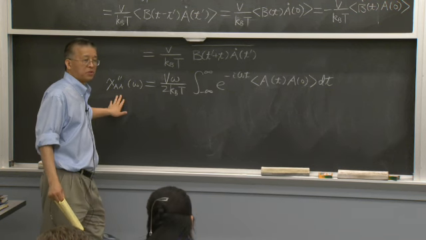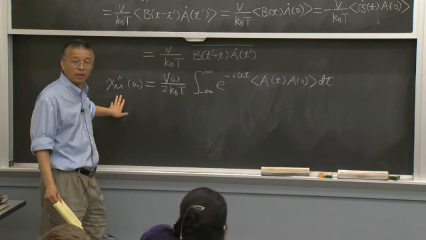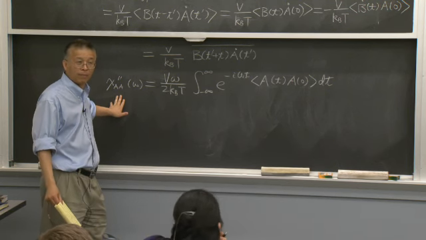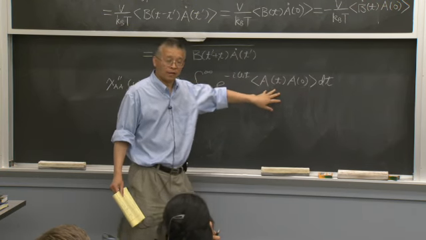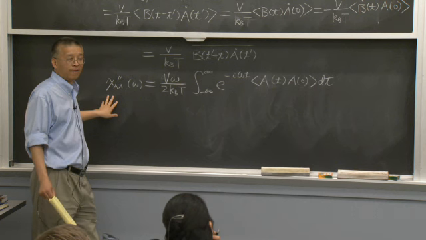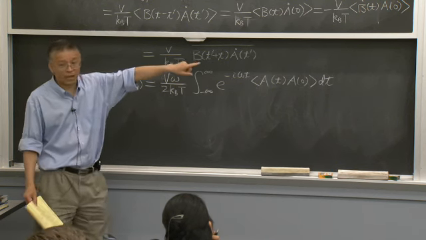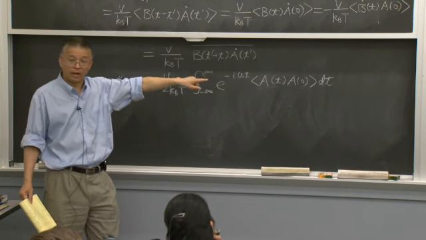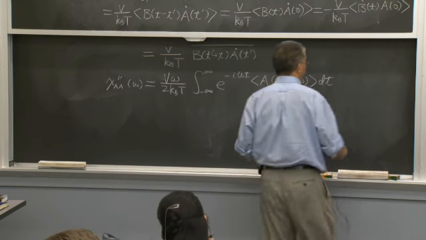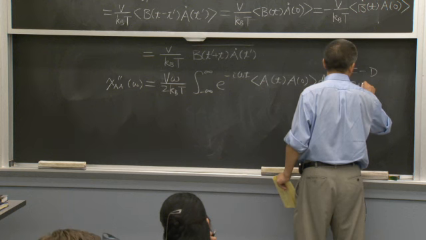And this, I mentioned it many times, is actually the fluctuation dissipation theorem. This is the fluctuation, the autocorrelation. The imaginary part is the dissipation, because that imaginary part is related to the energy dissipated in the system, right? So this is the fluctuation dissipation theorem, general form.